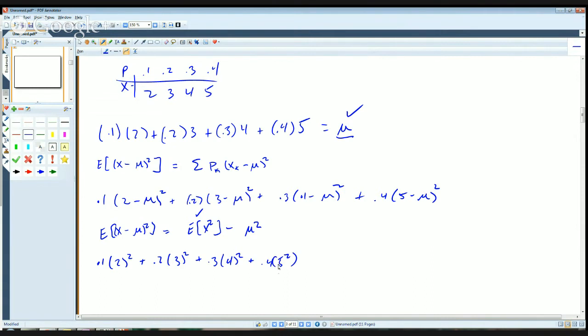And then that quantity will work out to be, let's say, the expected value of x squared, right? And so we would plug into this formula with the expected value of x squared and mu squared and do it.